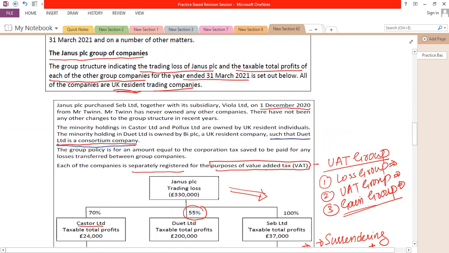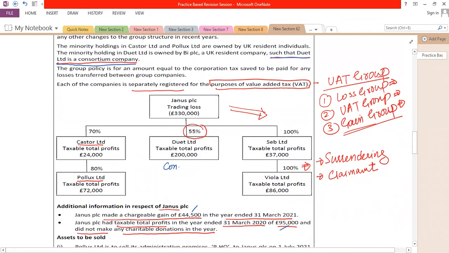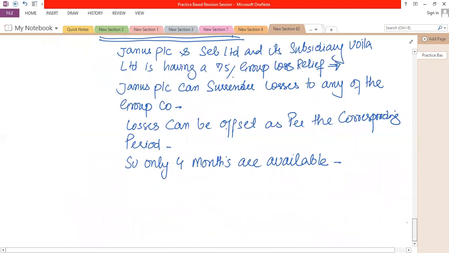Now, the difference between the group loss structure and the consortium is that we have to use the percentages, right? So in Dute Limited, which is a consortium company, we have an option available to offset loss against Dute Limited as well. So the third is against the consortium company. This is the third option, okay?